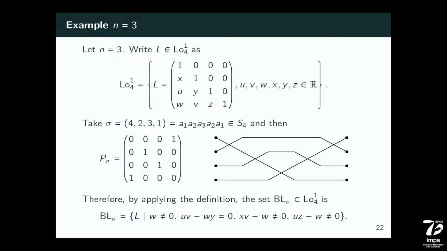And applying the definition of this same Bruhat cell, what you should have is that this guy should be different than 0, and this determinant here should be 0, and then this should be 0, and so on.